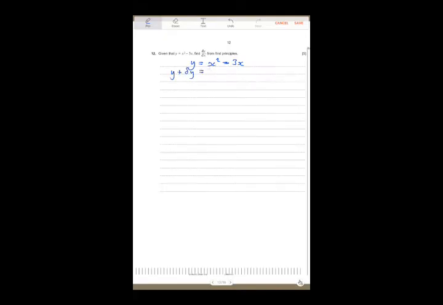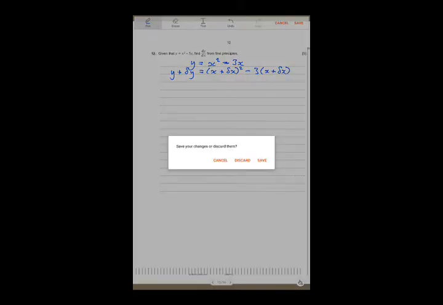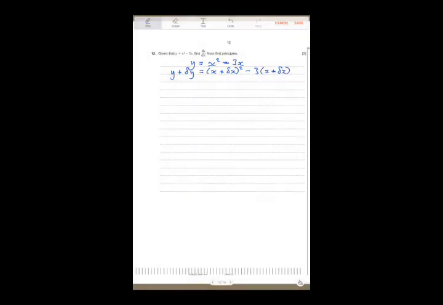And instead of x, we swap x for x plus delta x wherever we encounter x in the first line. So all I've done, I've substituted y for y plus delta y and x for x plus delta x. Now we need to expand this bracket.